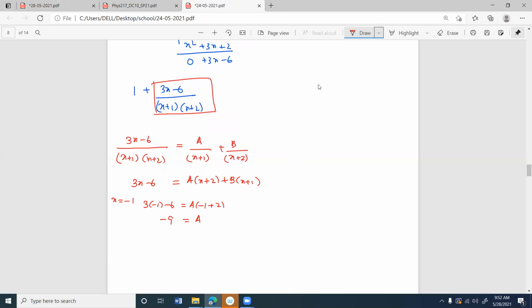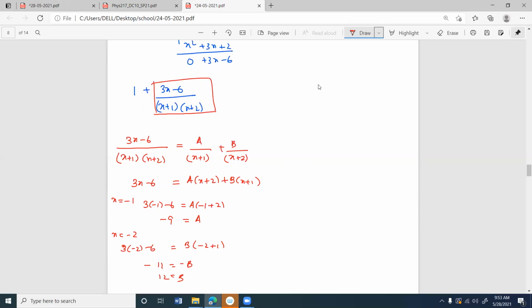Then if I need to find b, you can make x equals minus 2. 3 times minus 2 minus 6 equals this term, which obviously turns out to be 0. Just substitute and see whether you understand that fact. It turns out minus b equals minus 12. Therefore, b equals 12.